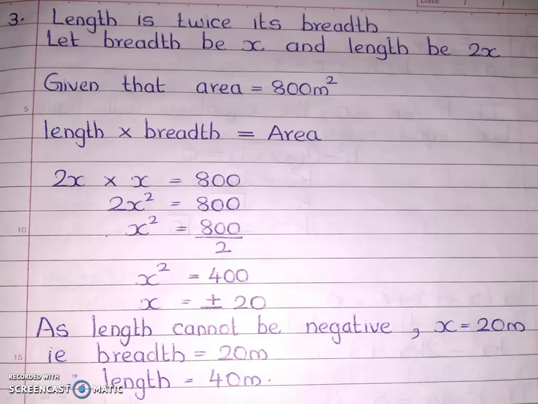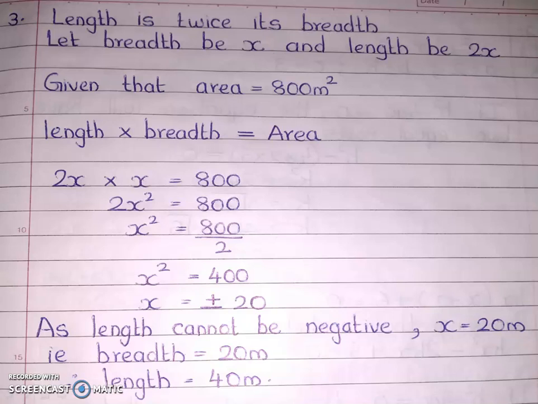So, you know what is the area of a rectangle? It's length into breadth. The relation between length and breadth is given in your question. If breadth is x, the length is 2x, because the relation given is length is twice its breadth. Given that area is equal to 800 meters square.